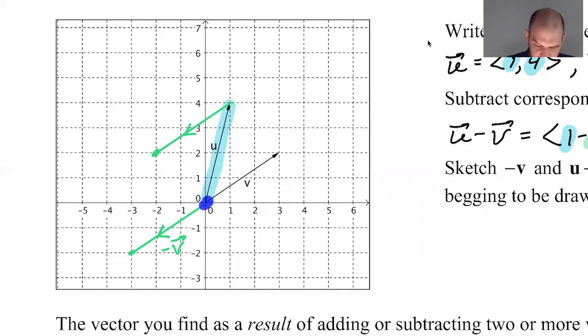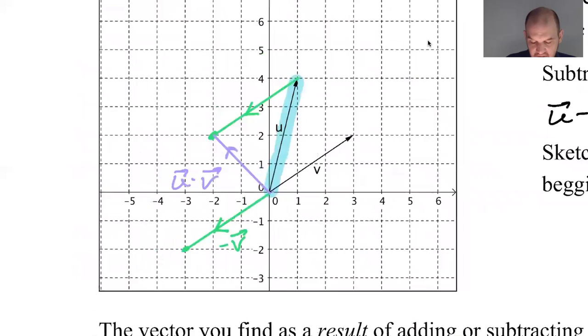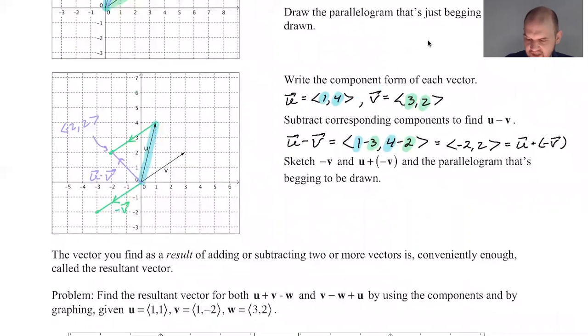That gives us this, which is the vector u minus v, or u plus negative v. The key thing is that this point right here is negative 2, 2, which is what we got algebraically. It's interesting that you end up with this no matter what.